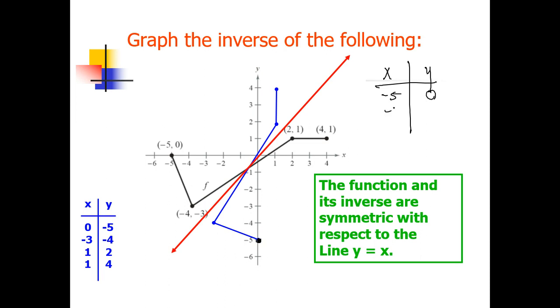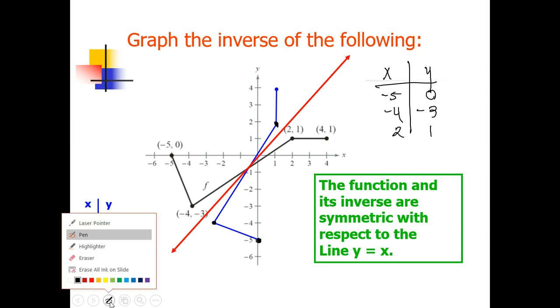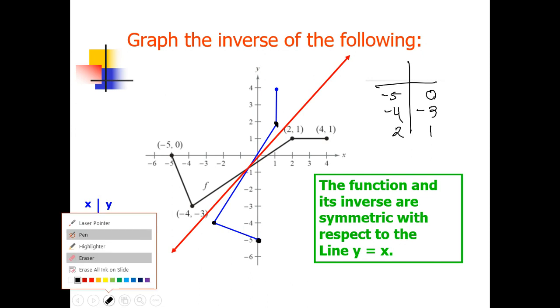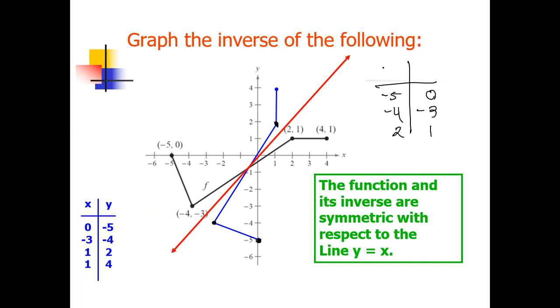So ito siya, -4, -3, -4, -3, 2, 1, and then... wait lang, mali yung representation ko. This is not x, y. This is y, x. Okay, 2, 1, and then si 4, 1.